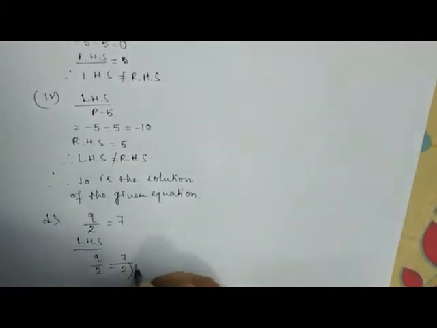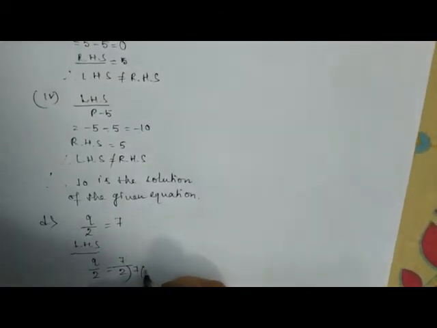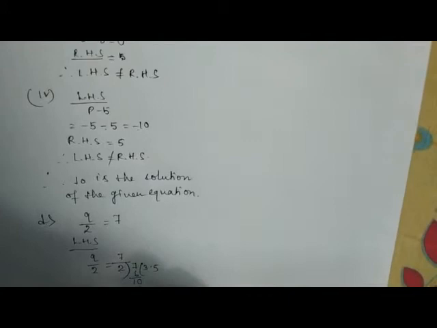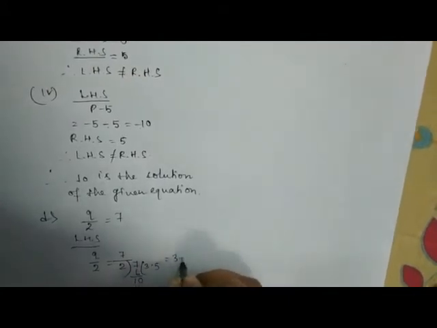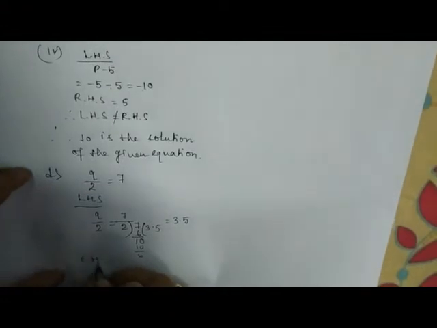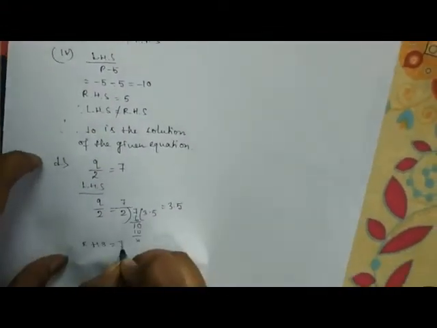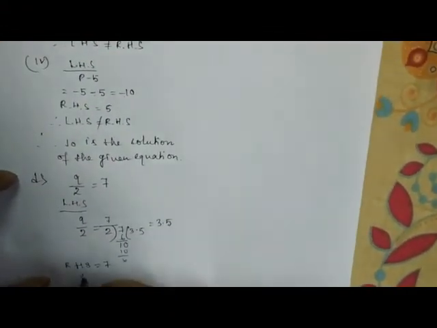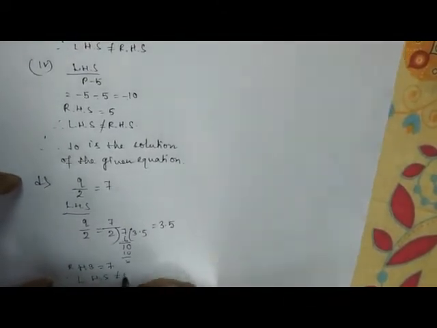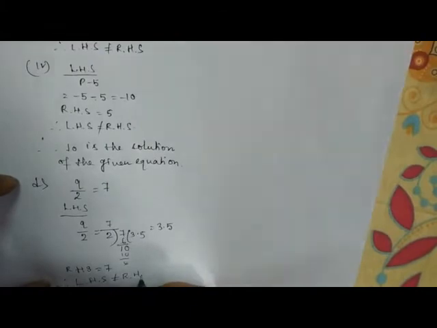Now if you divide this, 3 twos are 6, and 0.5 makes 3.5. And on the right hand side we have 7, which is not equal. So we will write left hand side is not equal to right hand side.